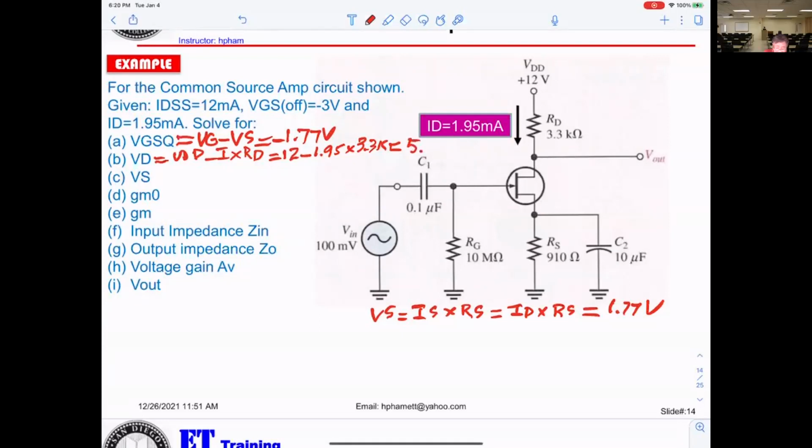Yeah, that's okay. And 1.77 volt. So basically, this problem has to be revised. We have to calculate the VS before we calculate the VGS. Okay, we'll make that correction.